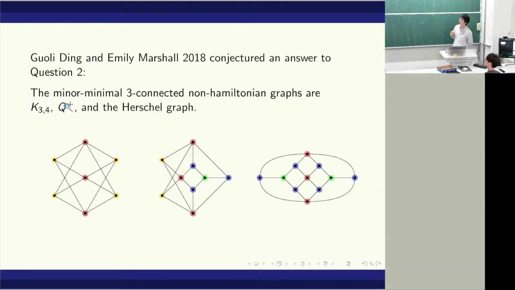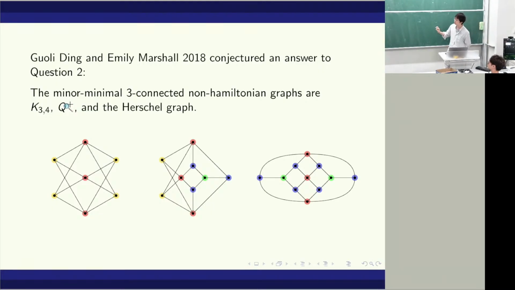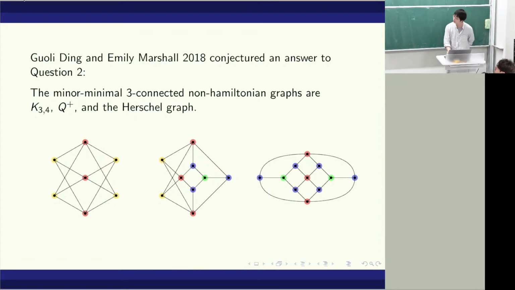Therefore, they cannot be Hamiltonian. Every Hamiltonian bipartite graph must have an even number of vertices, because you go alternately from one color to the other color. So these 3 graphs are quite interesting.